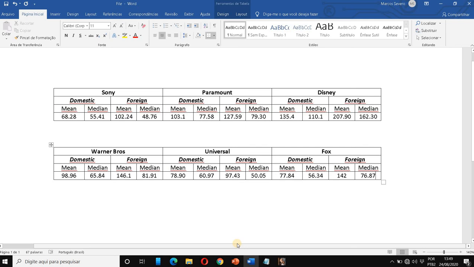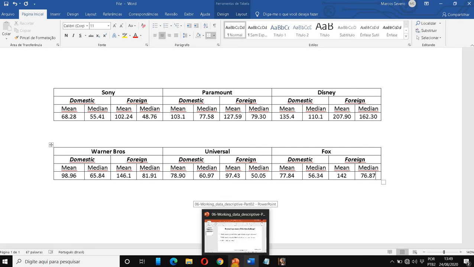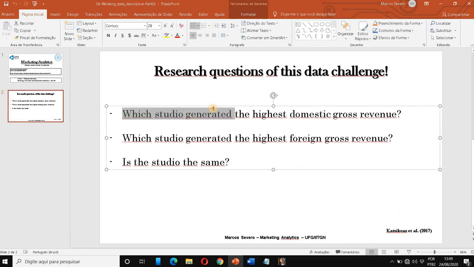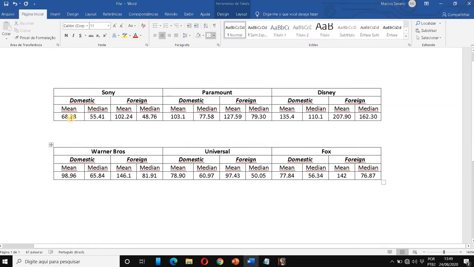compare things and analyze performance in a descriptive way. So let's go back to the research questions, and they are: the first one, which studio generated the highest domestic gross revenue? So we're talking about the domestic. So I put it in yellow right here.